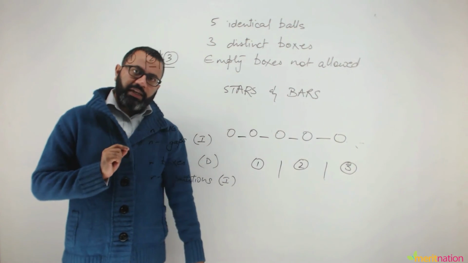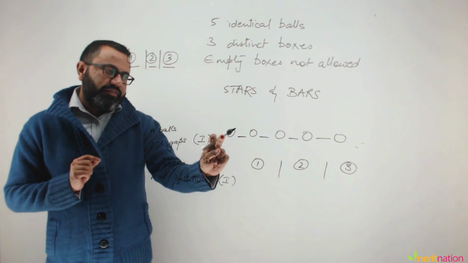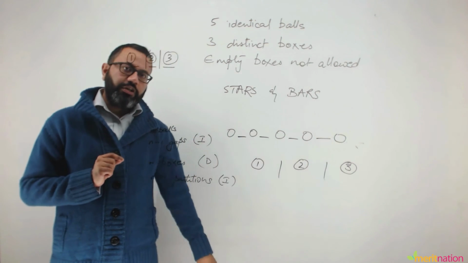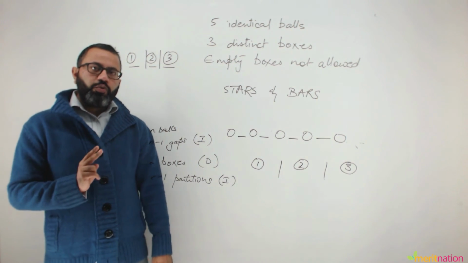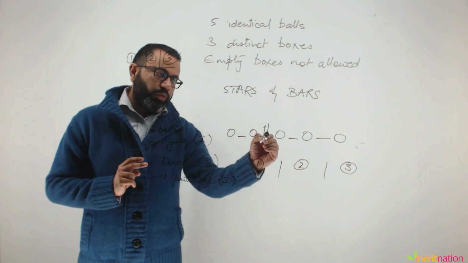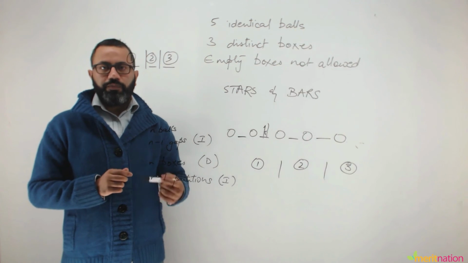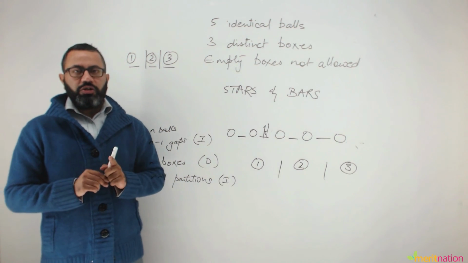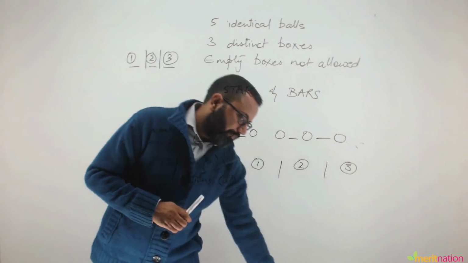However, we still missed one case. We said box number 1 would be empty if a partition had been placed here. Box number 3 would be empty if we placed a partition here. When would box 2 be empty? Box 2 would be empty if 2 partitions were to appear together, because the space between those 2 partitions is box 2. Therefore, we cannot have more than 1 partition in a gap. So our rules have now changed.